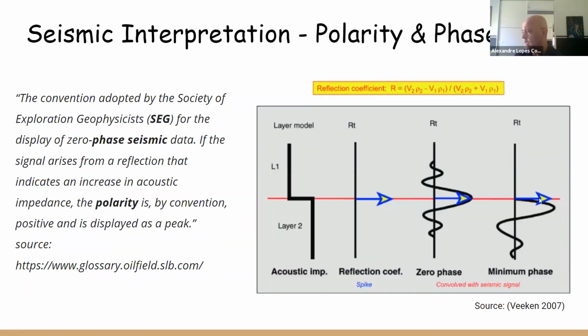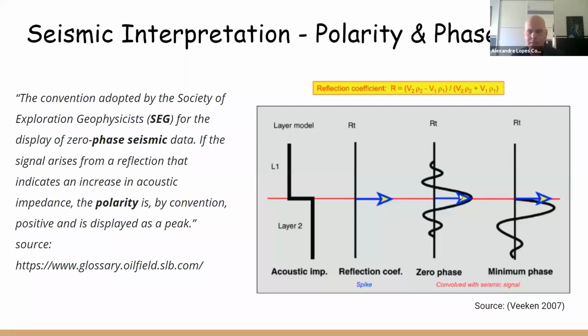For the minimum phase, the energy is located exactly below here. The minimum phase is not usually used, and the most used is this kind of wavelet here, the zero phase. That is very common.